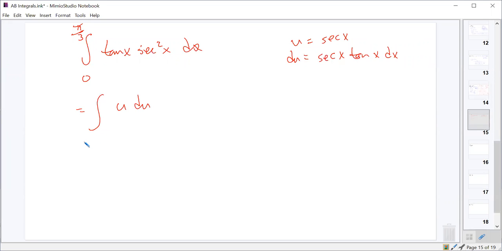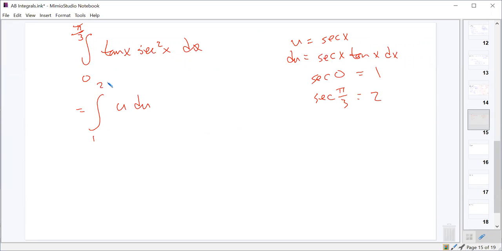And instead of 0 to pi over 3, we'd have to find the secant of 0, and the cosine of 0 is 1, so the reciprocal is just 1. And then we'd have to find the secant of pi over 3. What would that be? 2. Good.